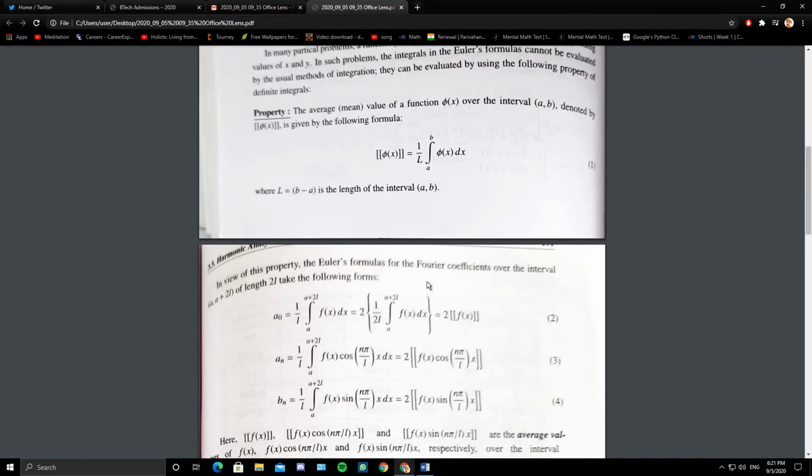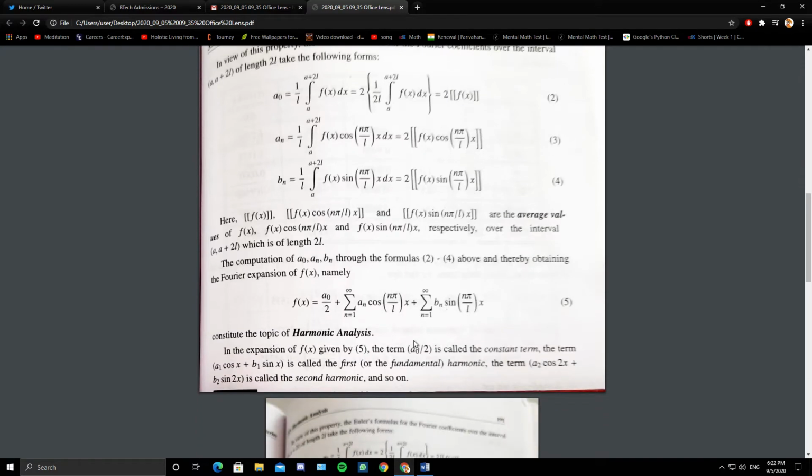The mean value of the function is denoted by the function in double square brackets. So if you have the function in double square brackets, you should read it as the mean of the function.